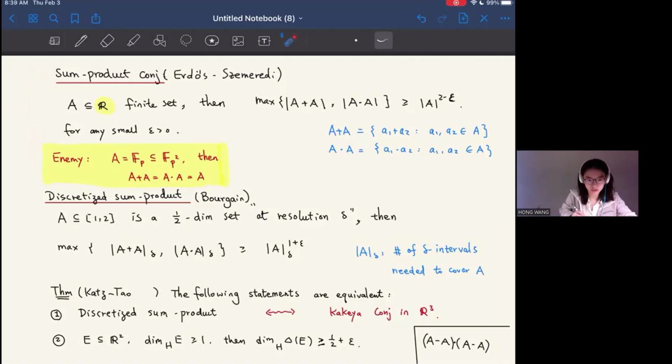Our conjecture 2 about the distance set of half dimension is related to a discretized version of the sum-product conjecture.